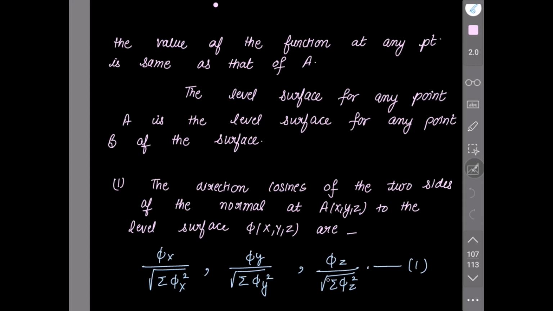Then the third one is phi z over root of summation phi z square, which is one and the same thing. All the denominators are the same, right? So take this as your 1. These are the direction cosines, that is, this is your L, this is your M, and this is your N, right?